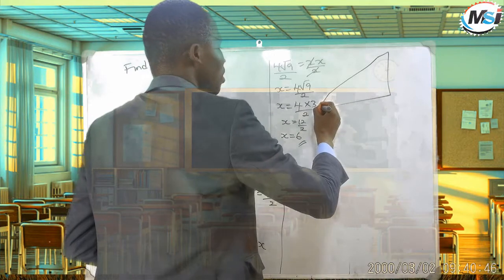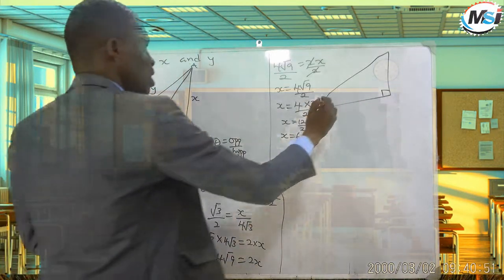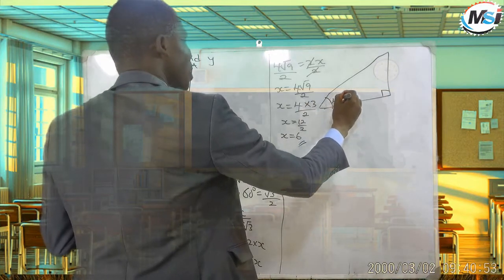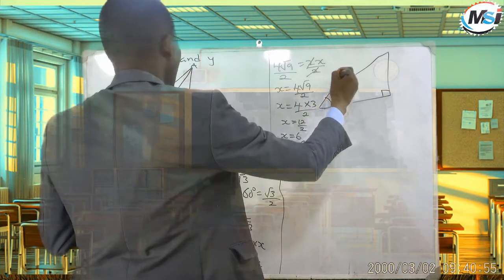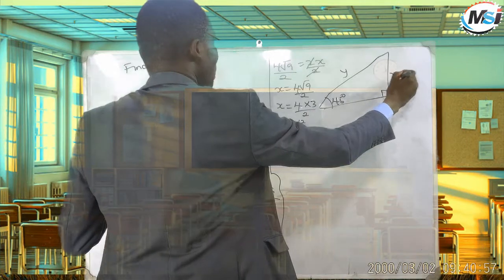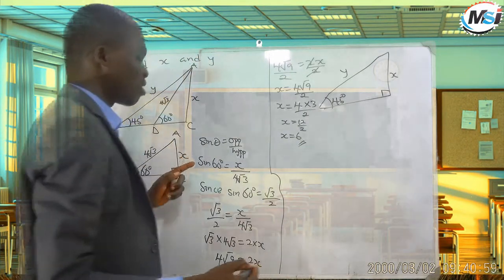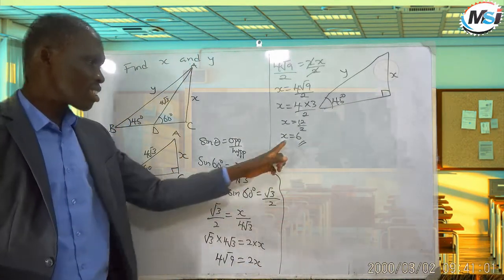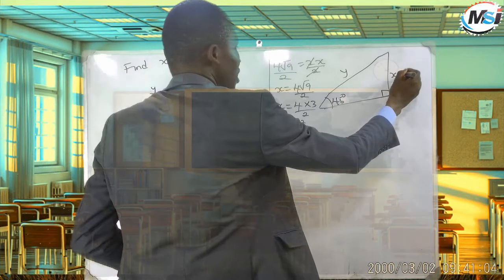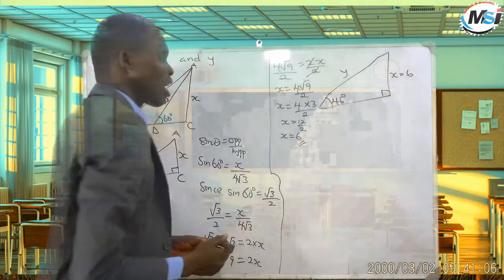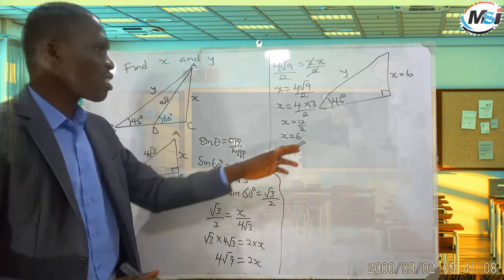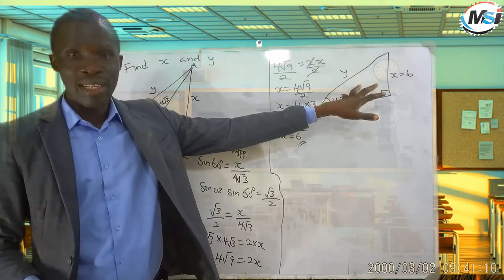Okay, just pardon me with my drawing. This is angle 45 degree. This is y, and this is x. Now you remember x is 6. So now, how can we find the value of y?